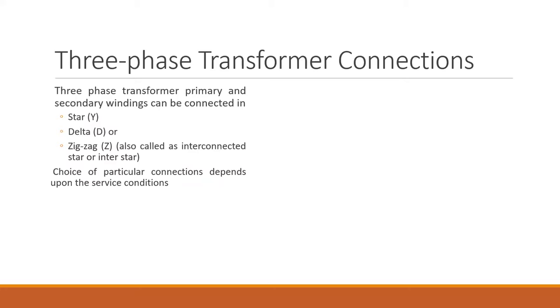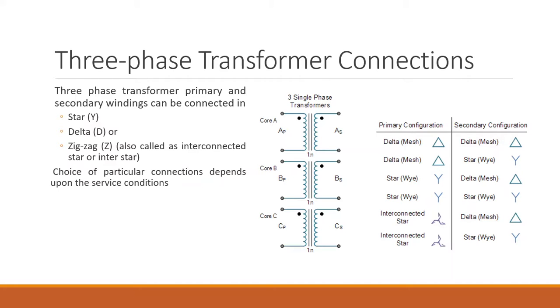The choice of the connection in which the transformer windings can be connected depends entirely upon the service condition, basically where it is going to be placed. On that basis you can connect a three-phase transformer in star, delta, or inter-star fashion or zigzag connection. So you will have different types of transformer.